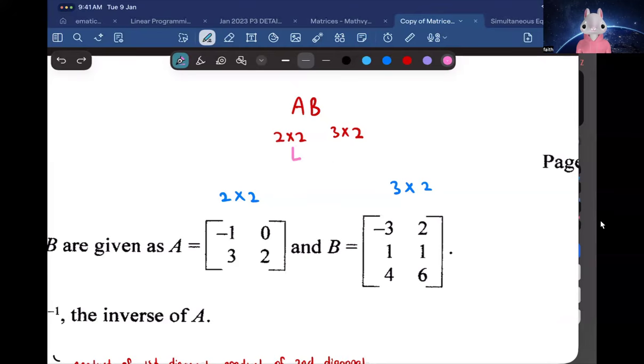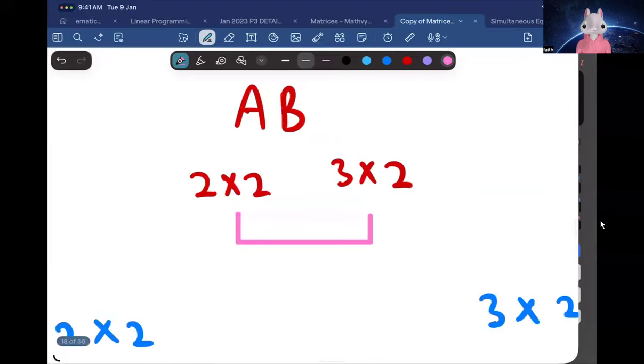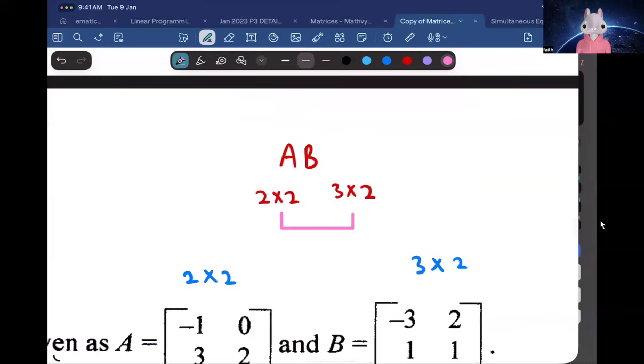We need to write that in English. 2 by 2 means 2 rows and 2 columns, and 3 by 2 means 3 rows and 2 columns. So you have to say that the number of columns in the first matrix is not equal to the number of rows in the second matrix.